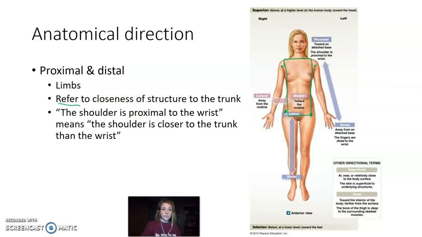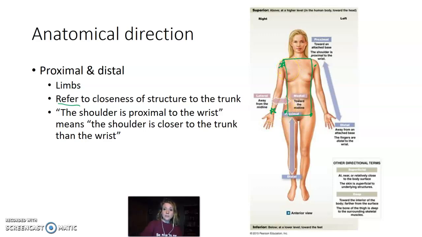So my example here is that the shoulder is proximal to the wrist, and that should make sense. It means that the shoulder is closer to the trunk than the wrist. We could flip that around and say that the wrist is distal to the shoulder, which means that the wrist is more distant or further away from the trunk than the shoulder is.